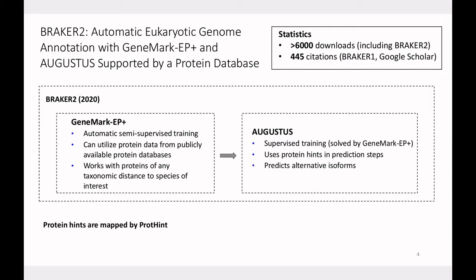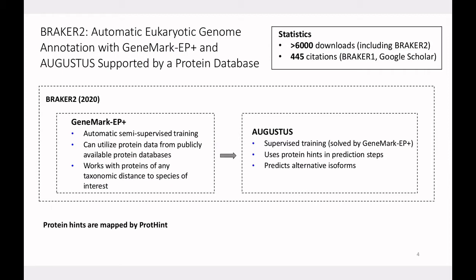And the reason BRAKER can do it is because it's using ProtHint, again, for protein mapping. And ProtHint is treating the proteins not really on the level of global protein alignment of the whole protein to the gene, but it's treating it on the level of individual introns, starts and stops.